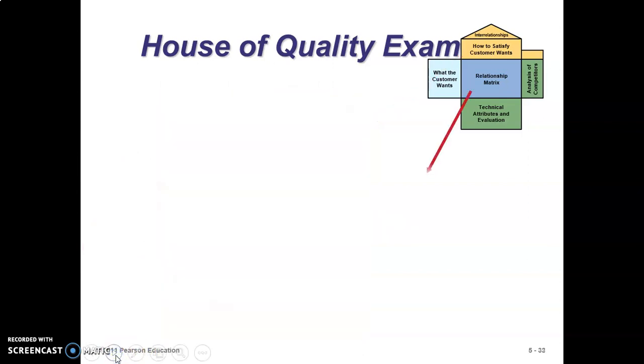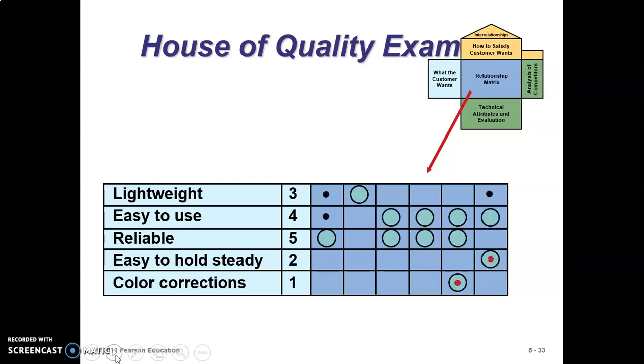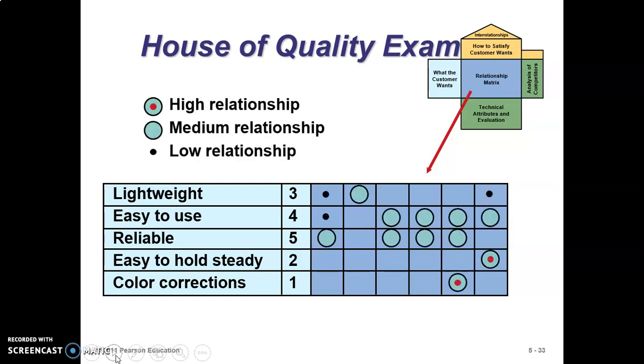Okay, and then the third step is relationship metric, which is we set the high, low, medium relationship based on the criteria that customer needs and wants.